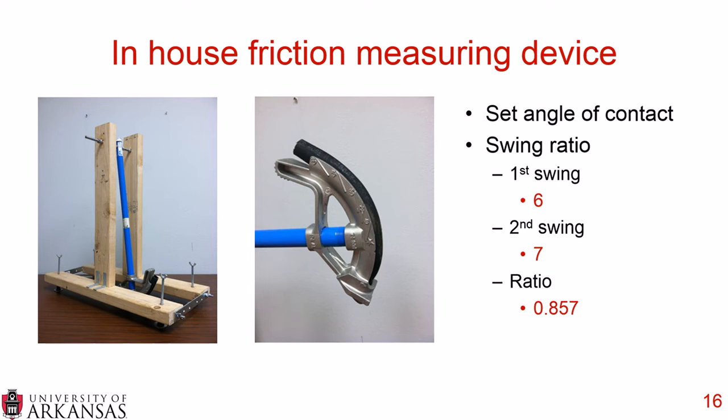And you drop it twice. On the first drop, you see how many times it swings back and forth. And then you simply repeat the test and you take a ratio of those numbers of swings. So if on the first drop you have 6 swings, and on the second drop you have 7 swings, you have a ratio of 0.857.